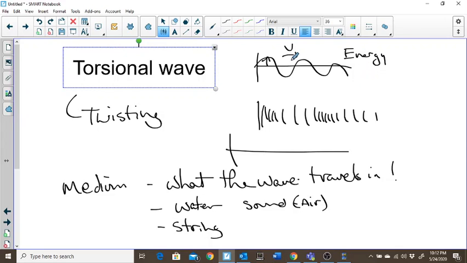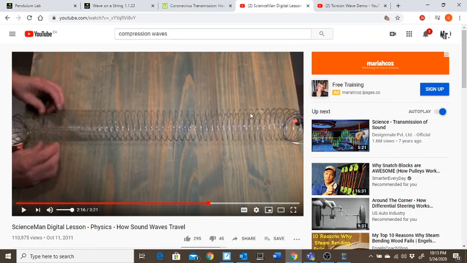So energy is being transmitted, but the spring itself, the string itself, the air molecules are moving back and forth, but it's not like the air molecules from here fly through the air and hit your eardrums. It's not the way it works. It's the vibrations, the energy that gets transmitted by the sound waves or by the spring waves. But anyways, torsional wave.